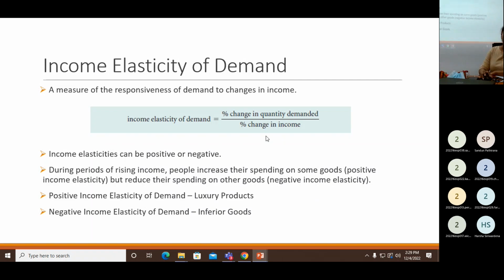So how do you calculate that? Percentage change in quantity demanded over percentage change in income. So when your income changes by a certain percentage, how will your quantity demanded change? Usually, how will income elasticity of demand be? Can it be positive or negative?